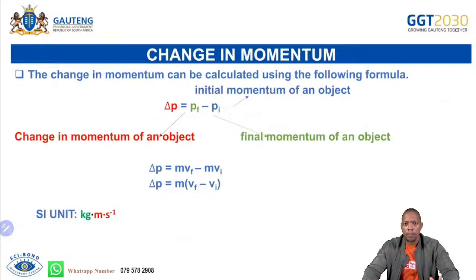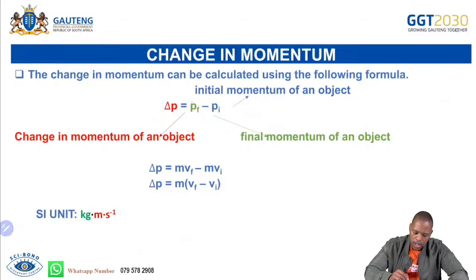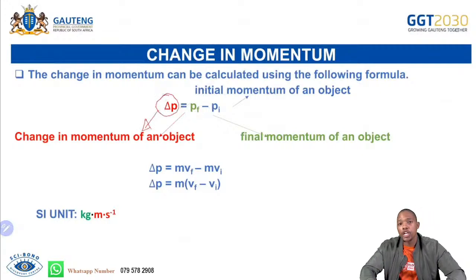So change in momentum can also be calculated. We should be able to calculate how the momentum of an object changes. Think about it. Change in momentum is given by this formula, delta P. This delta P represents the change in momentum, how the momentum changes.